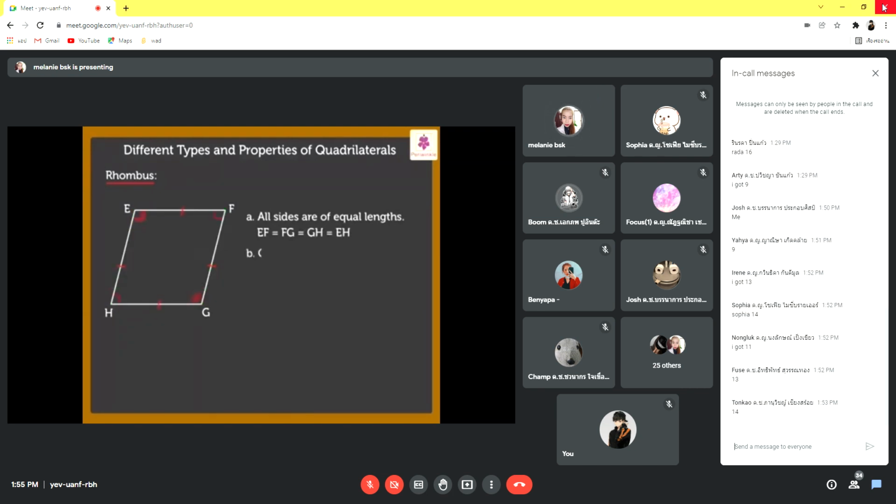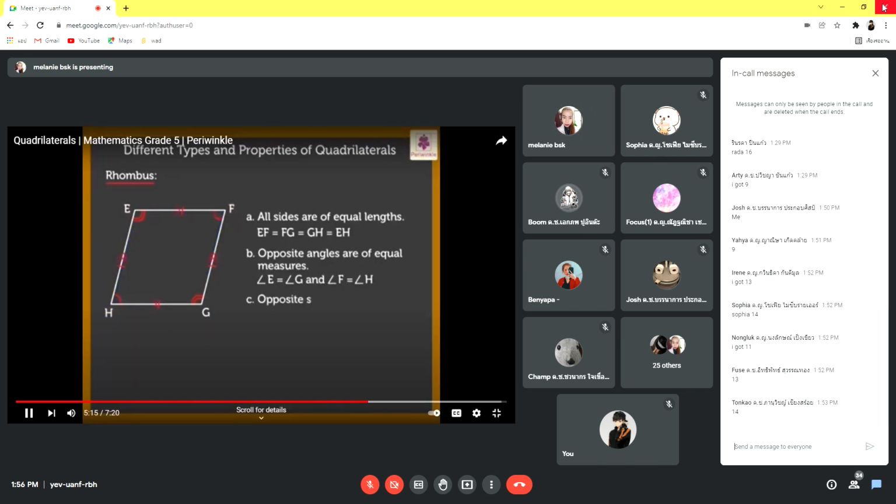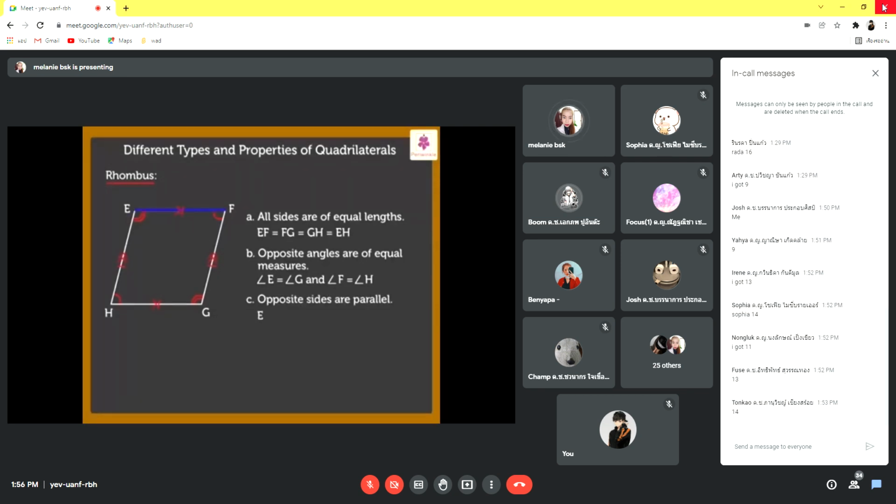B. Opposite angles are of equal measures. That is, angles E and G and angles F and H. C. Opposite sides are parallel. That is, EF is parallel to HG and EH is parallel to FG.